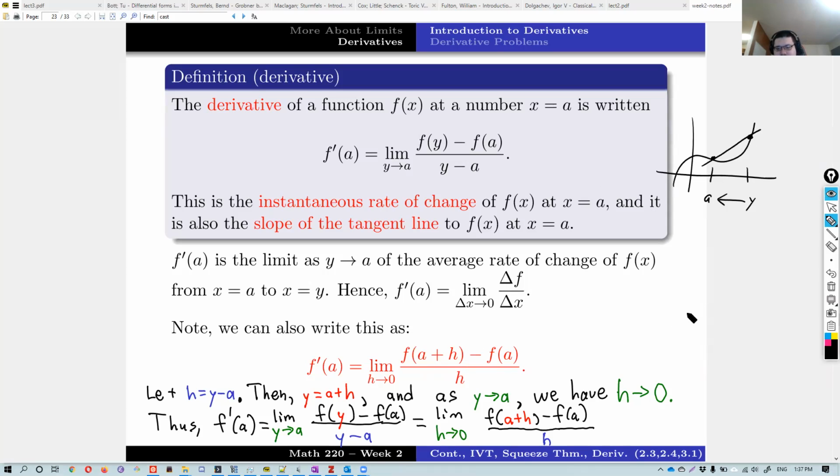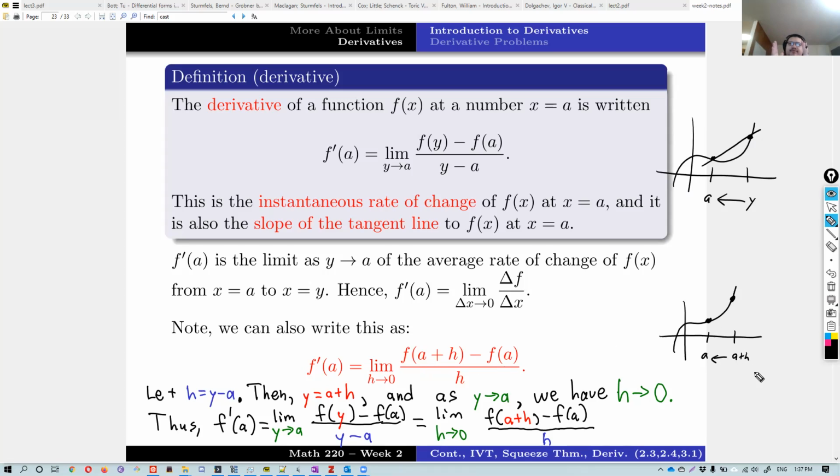For the other limit, we can draw pretty much the same picture. The only difference is just a relabeling. For this picture, we have a for this, and we have a plus h for this point. And this limit as h goes to 0 is also just saying we're going to let the other endpoint approach.